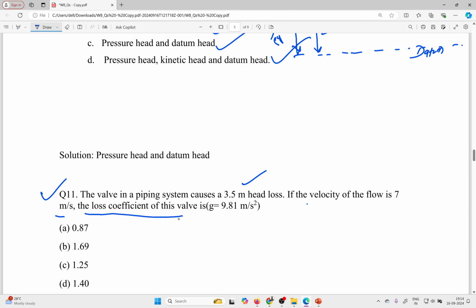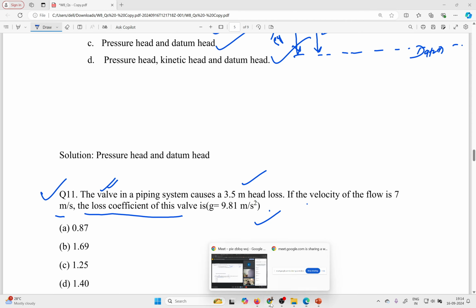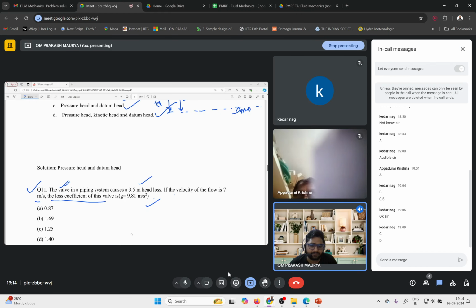The loss coefficient of this valve is? So first please try to calculate, or I'll take a 5 minute break here. If you want, you can take a break of 5 minutes.